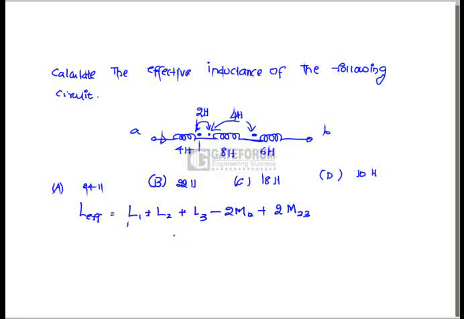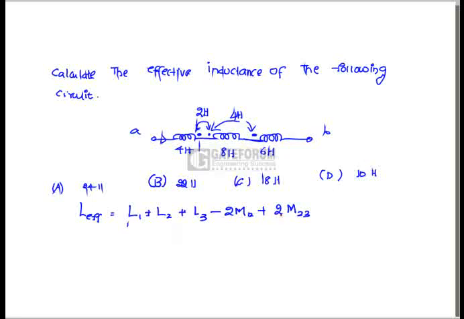In inductance L1 the current is leaving, whereas in inductance L2 current is entering, so the mutual inductance because of these two inductors is going to be negative. For L2 the current is entering, and for L3 the current is entering, so the resulting mutual inductance has a positive sign.